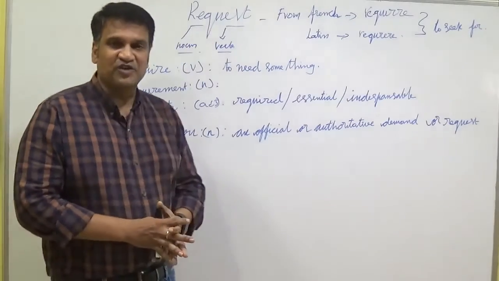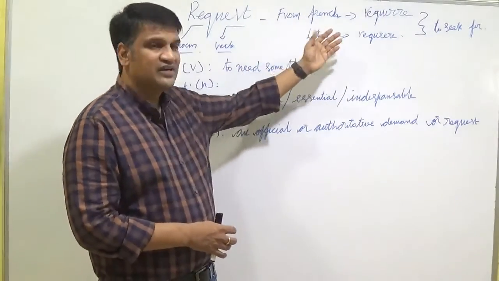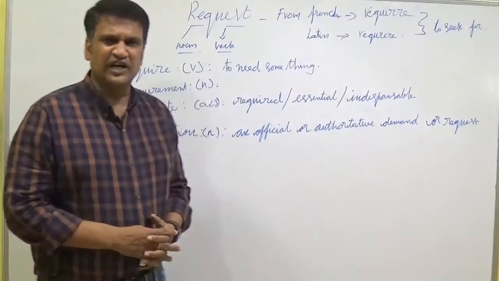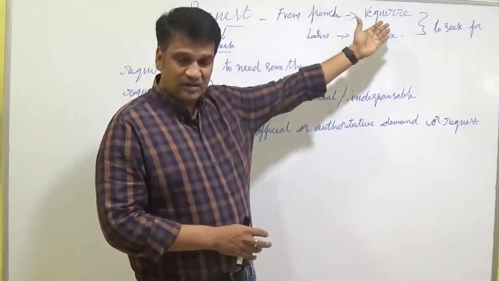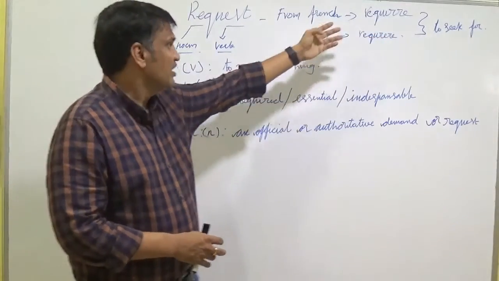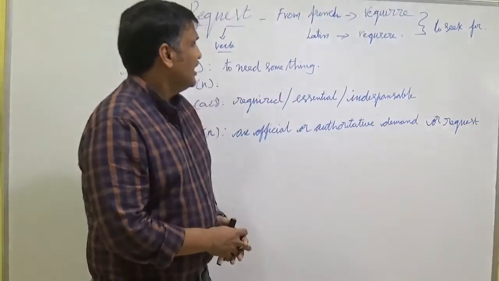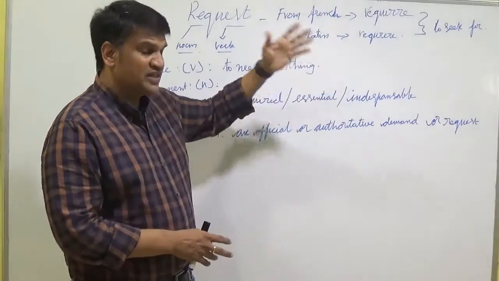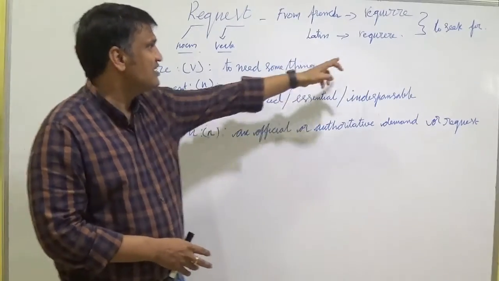Let's go to the history of the word. The word request has been derived from French around the 14th century, meaning require. The French word require means to seek for. This word also has origins in Latin, requirere.